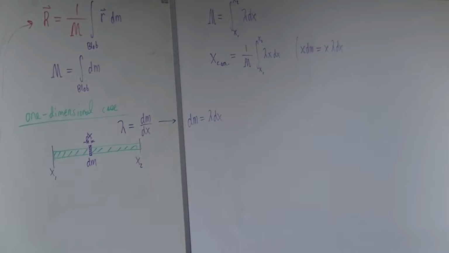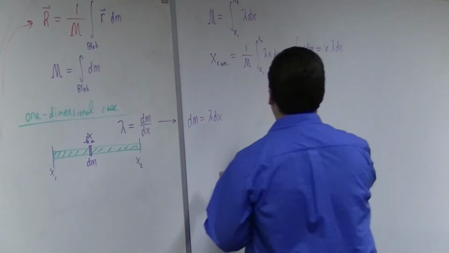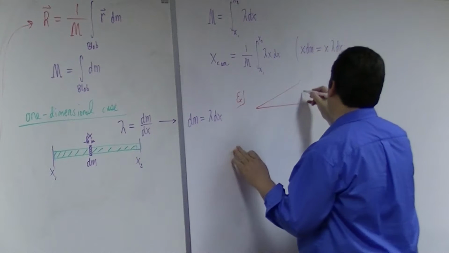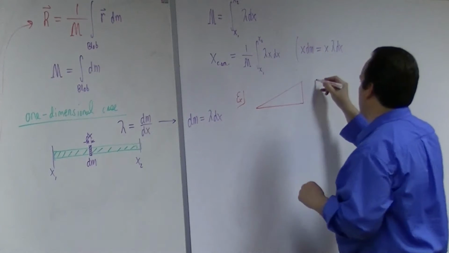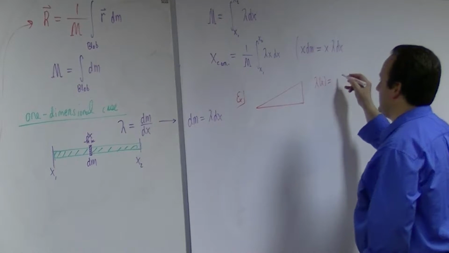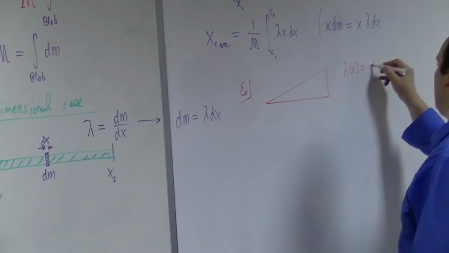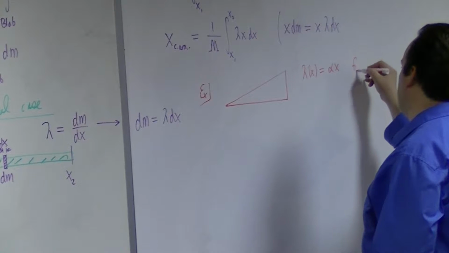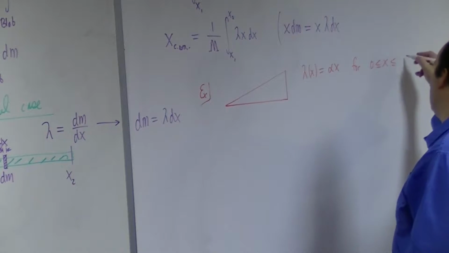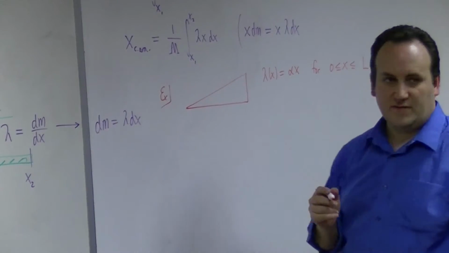So for example, let's suppose we had something like lambda of x equal to alpha x for 0 less than or equal to x less than or equal to L, where alpha is some constant.